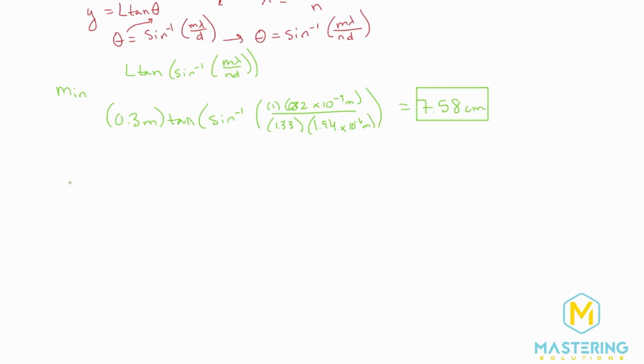Now let's do the maximum, and it's all going to be the same: 0.3 meters, tangent inverse sine of 632 times 10 to the negative 9 meters, divided by 1.33 for the index of refraction of water. And now we need to use the maximum one, so it's 1.87 times 10 to the negative 6 meters.